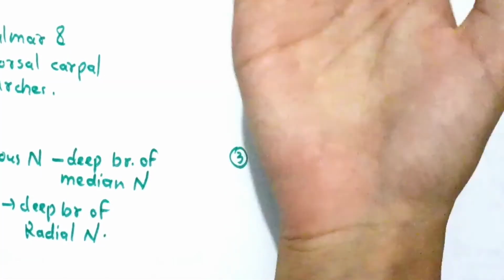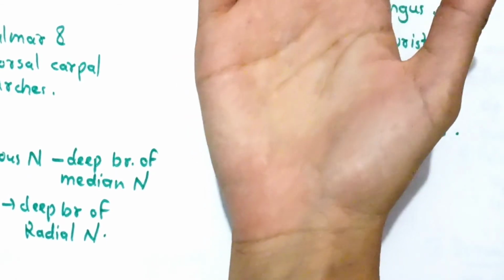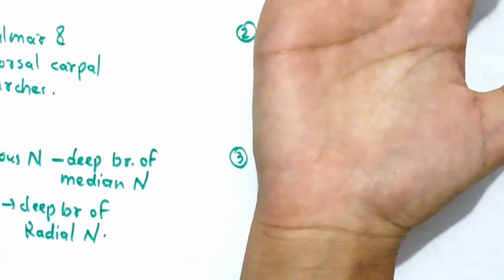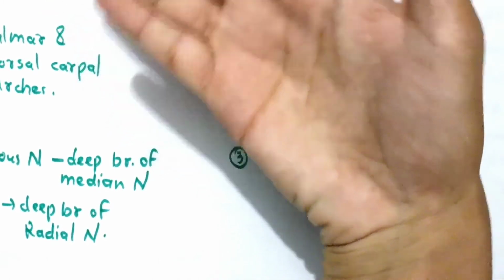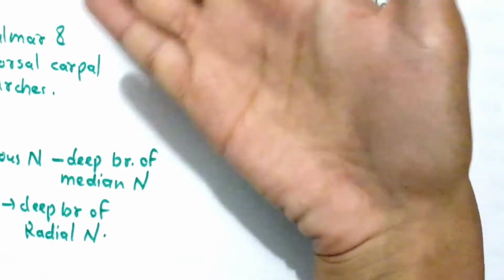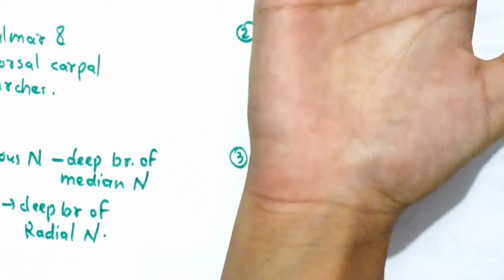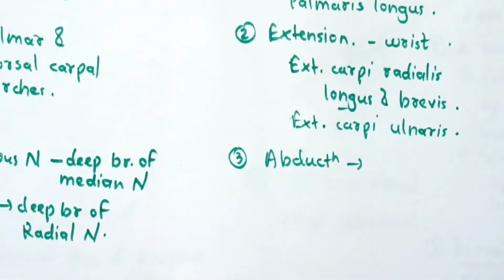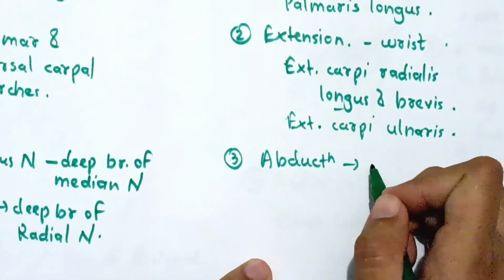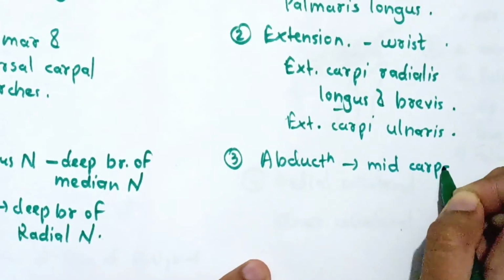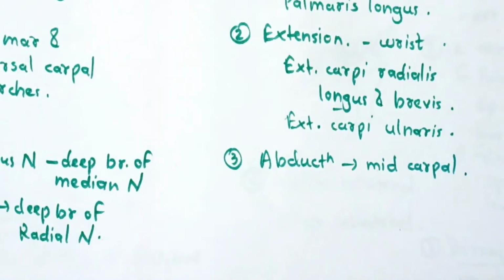When you move it like this, outside, very little movement you can see, while adduction has a very large range of movement. In abduction the movement is very little. So this abduction is also mainly at the mid-carpal. After writing all this, I will show you it from the atlas also.